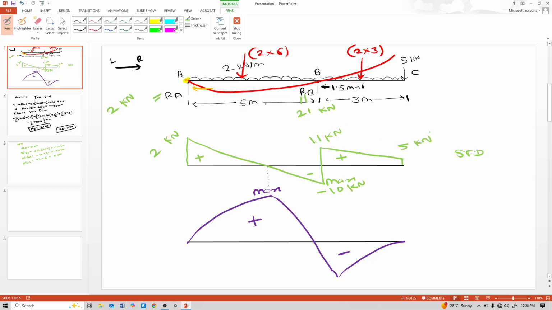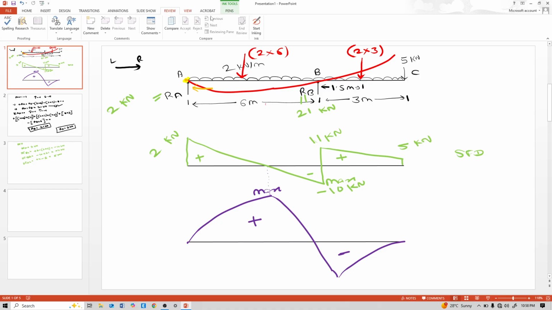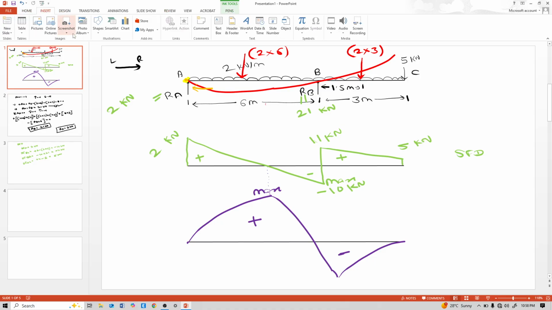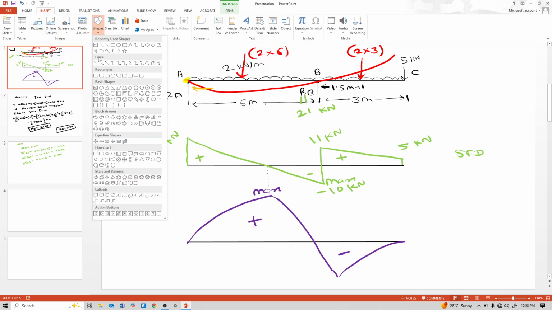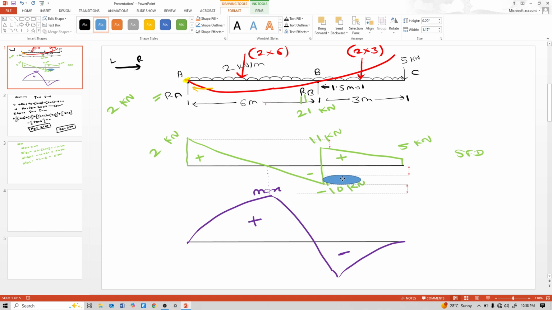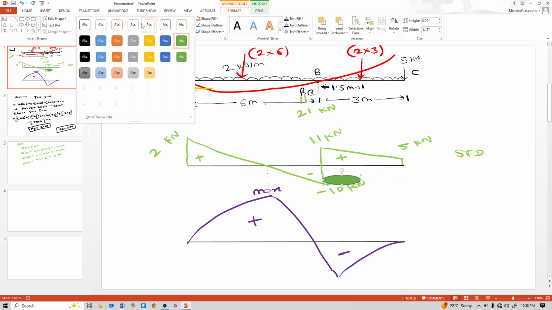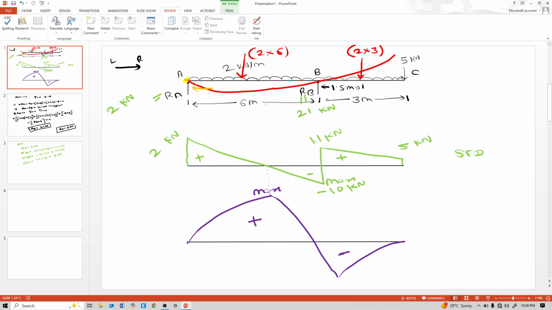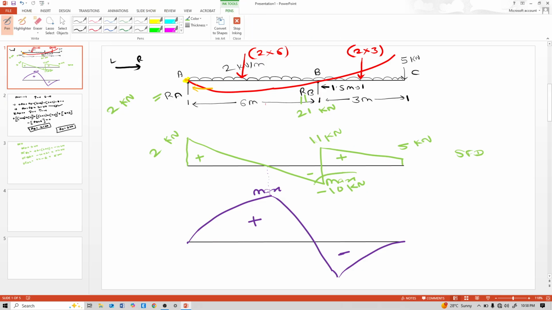That means our diagram shape is correct and the maximum shear is also correct. See this, I write here maximum, and our maximum shear comes at this line, 11 kilonewton.